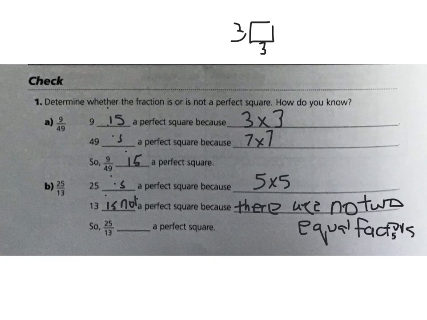Okay, so 25 over 13 is not a perfect square.